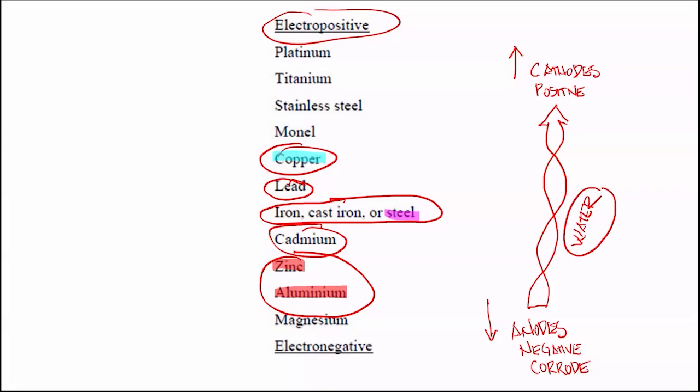But that's the anode, that's the negative, that's the one that's going to corrode in the presence of water. So get that in your head, and we'll revisit it a few times because it is really, really hard to remember.